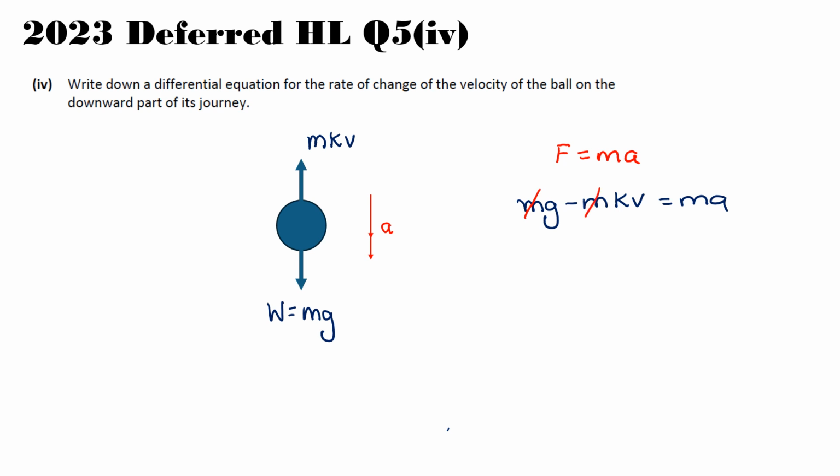The masses then disappear and we get something very similar to what we had before. The sign of gravity is going to be positive in this case. So for our differential equation for the rate of change of velocity, dv/dt is equal to g minus kv.